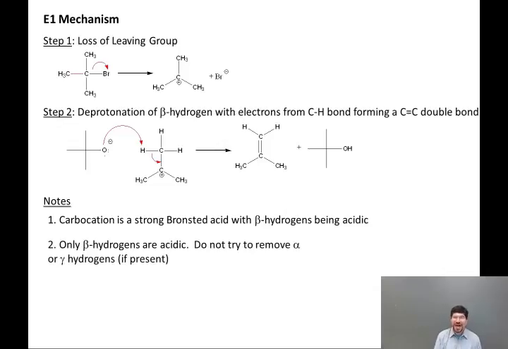If there is an alpha hydrogen present, that means a hydrogen on the carbon bearing the leaving group, it is not acidic. If there are gamma hydrogens present, in other words, if the molecule is a little bigger so that there are more hydrogens out there, if one of these chains instead of being methyl groups was something bigger, the gamma hydrogens are not acidic.